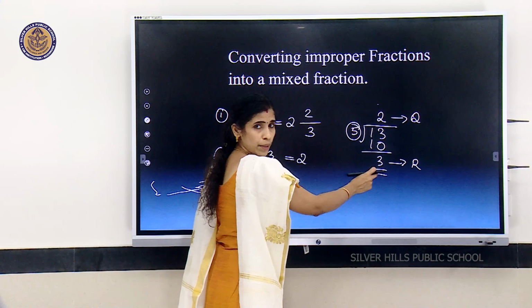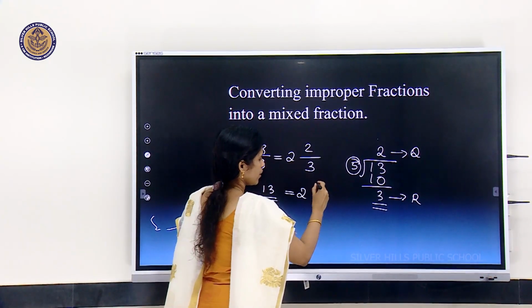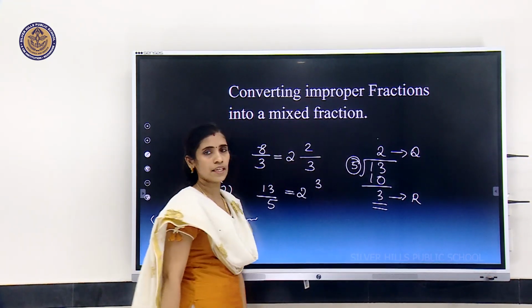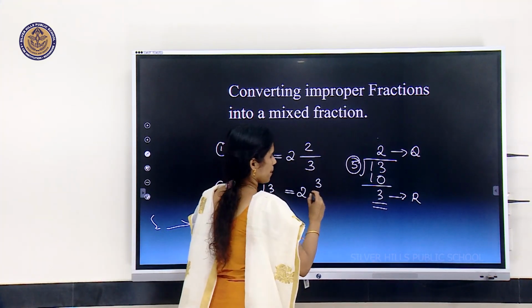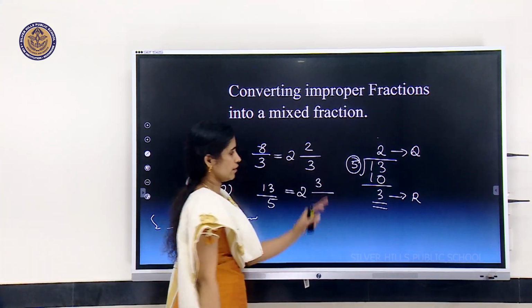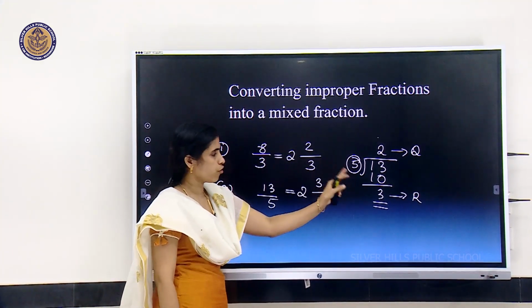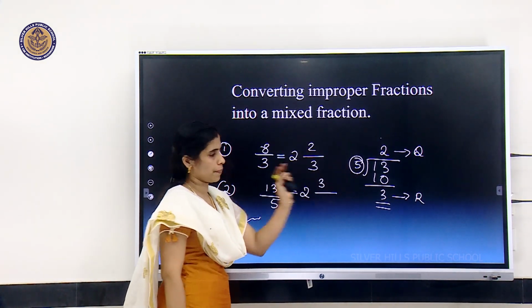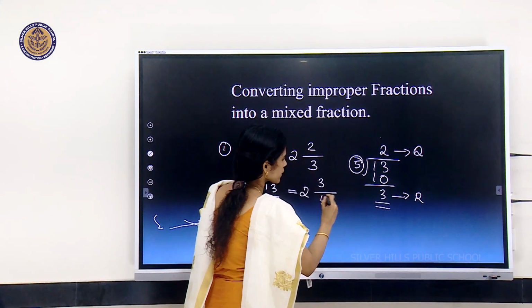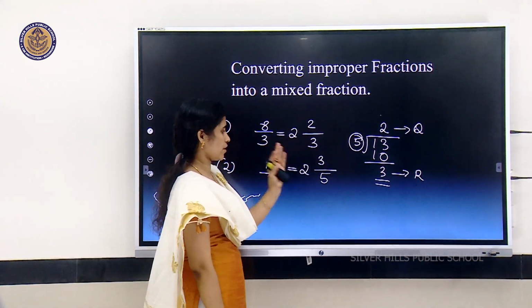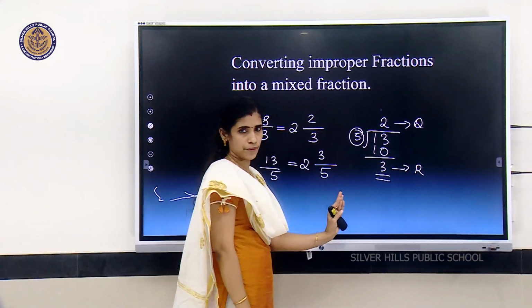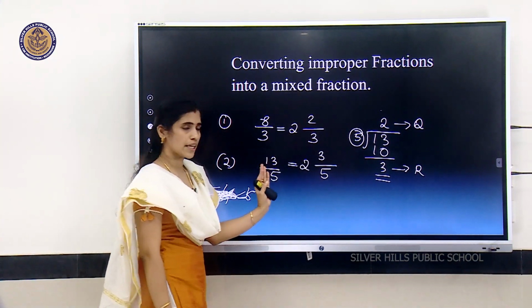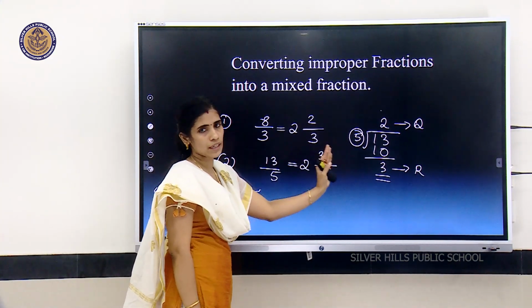Here the remainder is 3, so we write 3 as the numerator. Then 5 is the divisor, and the divisor is the denominator of the mixed fraction. So we can write 13 by 5 as 2 3 by 5.